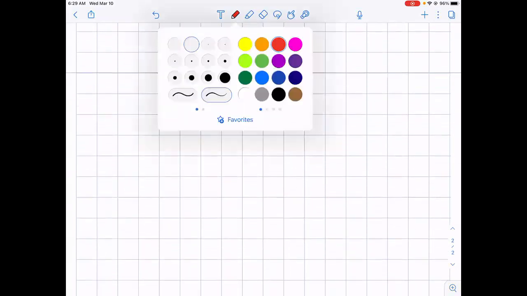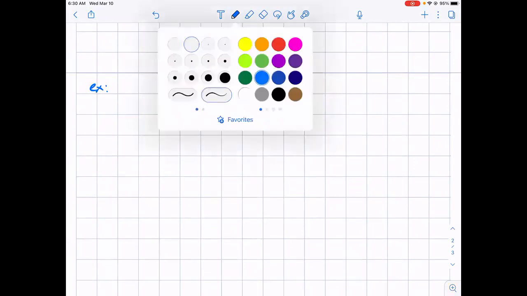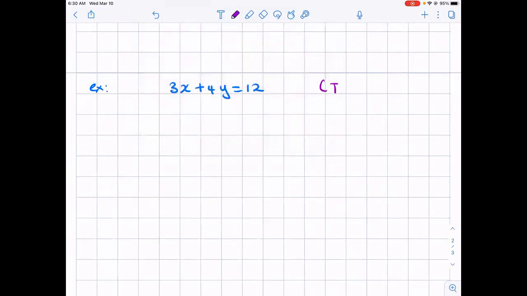On the other hand, if we have an example, 3x plus 4y equals 12, this is linear.